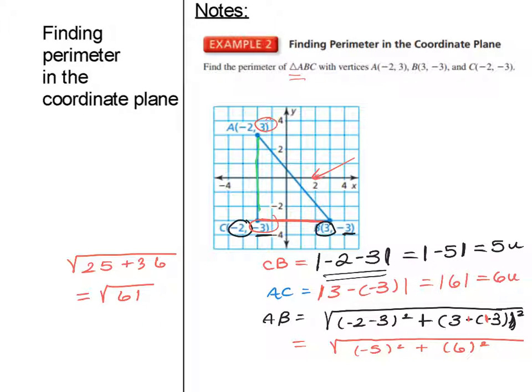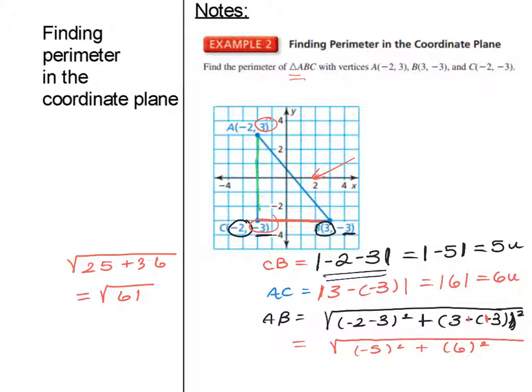I'm just following along example 2. So the x's, subtract them. The y's, subtract them. Does this all make sense? Yes. And then, of course, what do I do? I can take this in my calculator and then add it to those other side lengths and then say what my perimeter is. So go ahead and do that.